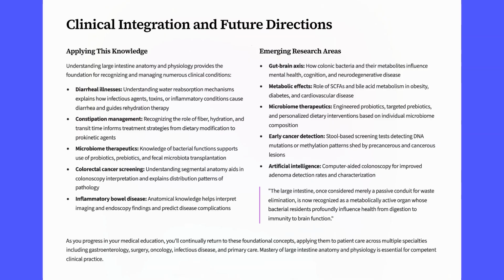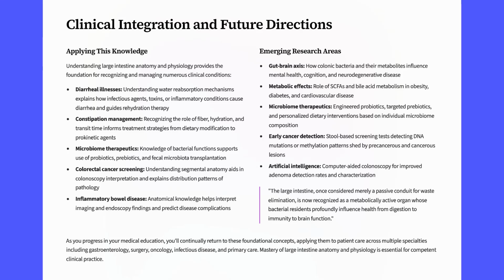Finally, let's consider clinical integration and future research directions. Understanding large intestine physiology is essential for managing diarrhea and constipation, inflammatory bowel disease, diverticular disease, and colorectal cancer screening and prevention.